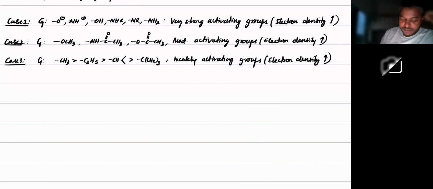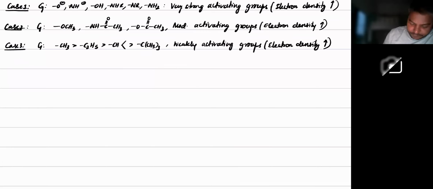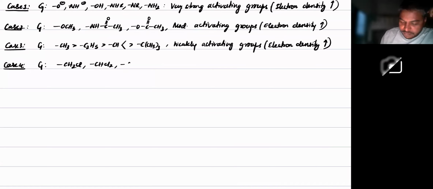Next, case 4. Case 4 is the group which will be mildly withdrawing, like you have CH2Cl, CHCl2, got it? Chlorine, bromine, iodine, NO, okay? Fluorine also, got it? So these are the cases by which they are withdrawing.